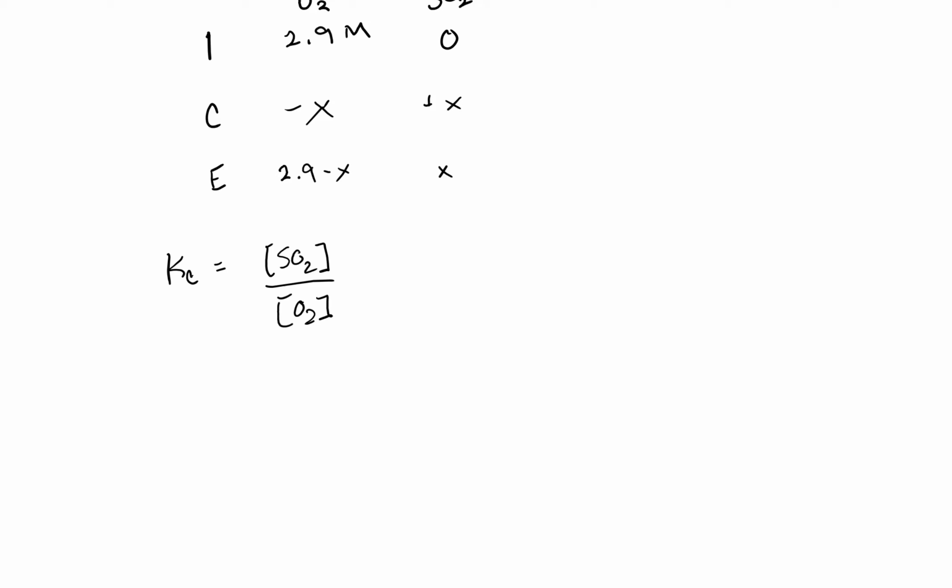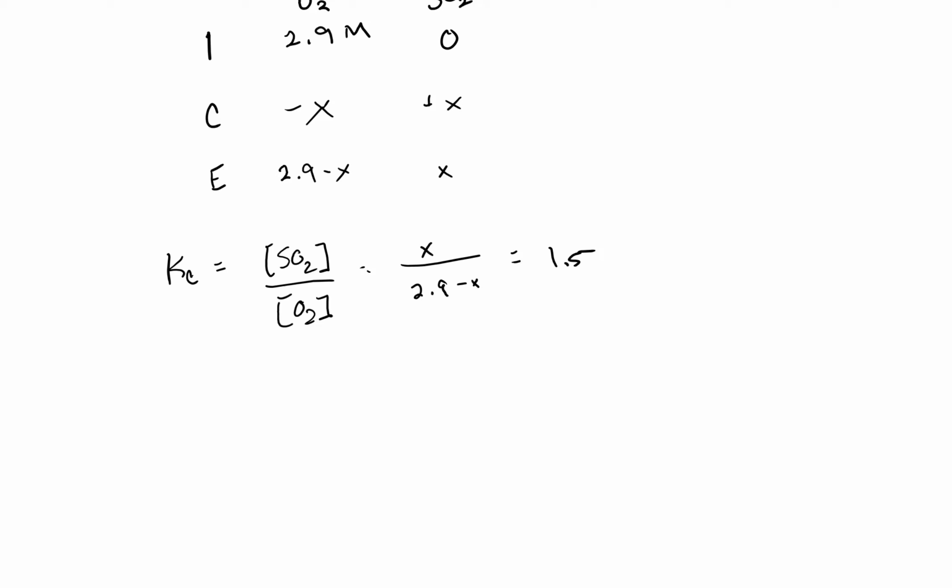And now that we have this, we can just substitute in our equilibrium concentrations from our ICE table, and we see that the concentration for sulfur dioxide is expressed as x. The concentration for O2, or oxygen gas, is 2.9 minus x, and this is going to be set equal to the equilibrium constant of 1.5, which was given in the problem.